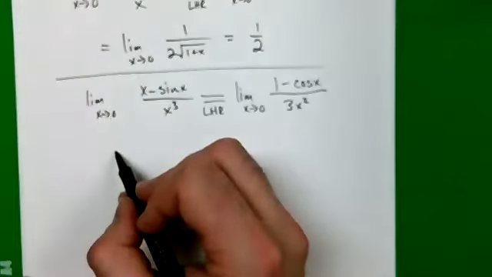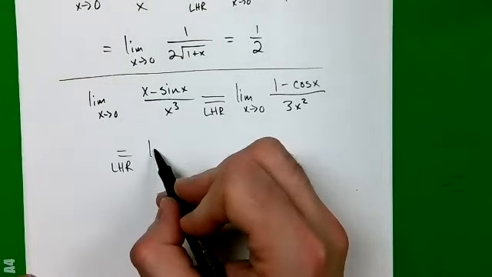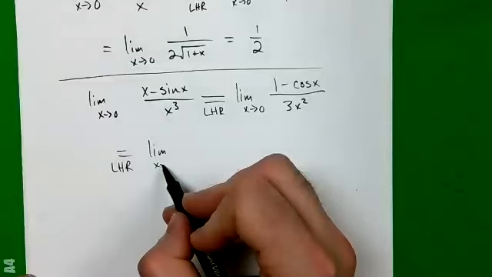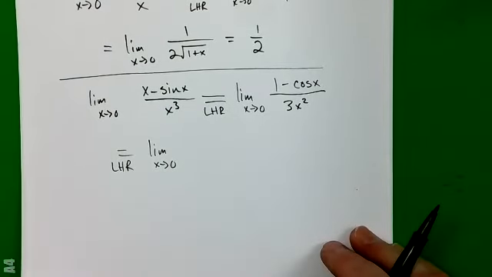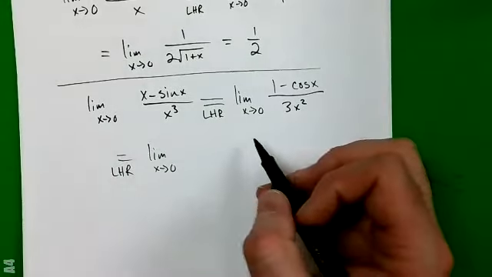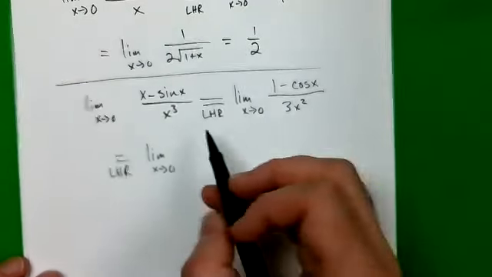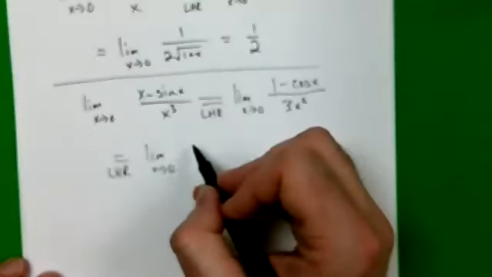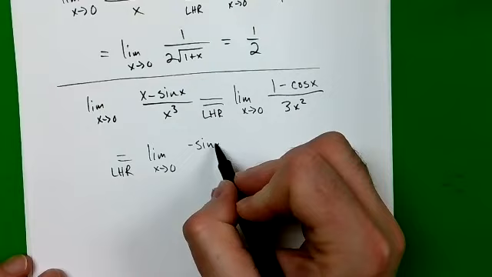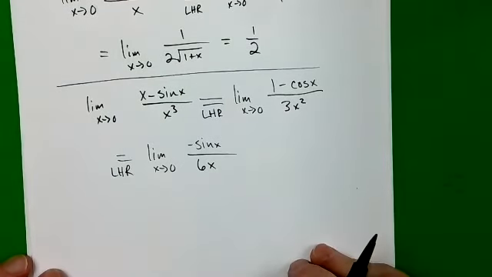So we can take L'Hopital's rule again, but as soon as you learn that you can take it a second time, you'll have a tendency to keep using it past the point that you should. So watch very carefully and make sure you only ever use it if you have a 0 over 0 indeterminate form. So this would be minus sine x over 6x.